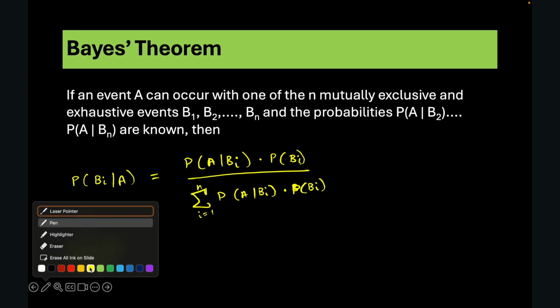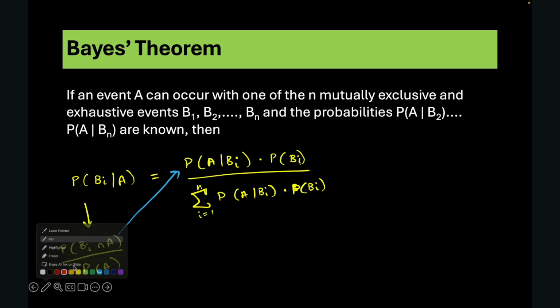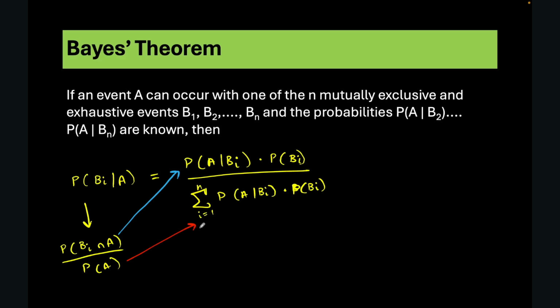So let me change the color. This blue arrow right here correlates to the top part, and this red arrow here correlates to the bottom part. If you understand this, the red arrow is like the total probability theorem, and the blue arrow is what conditional probability is about, just reversing the conditional probability.